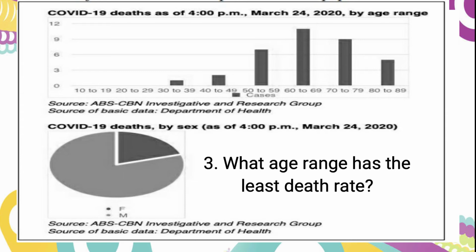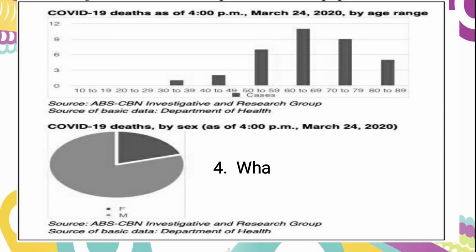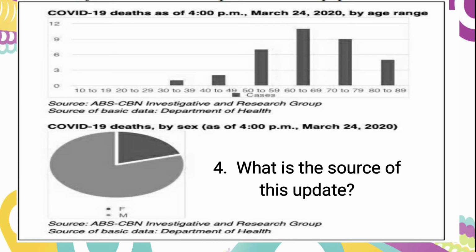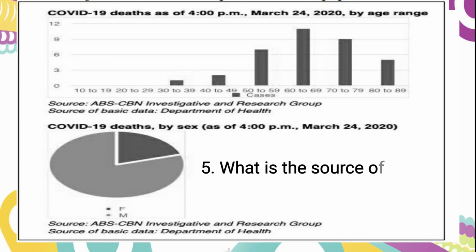What age range has the least death rate? Number 4. What is the source of this update? Number 5. What is the source of the basic data update?